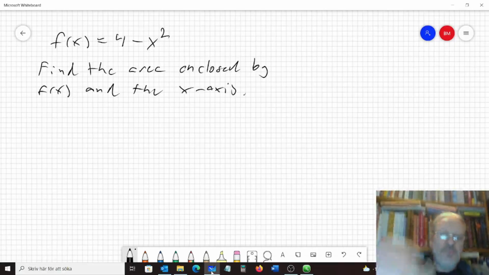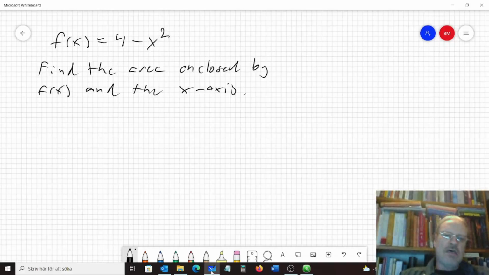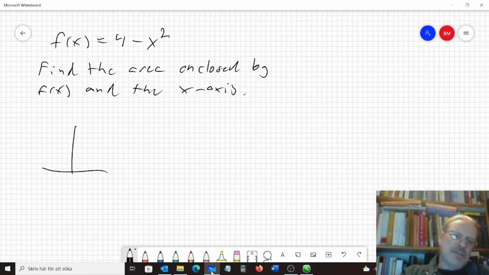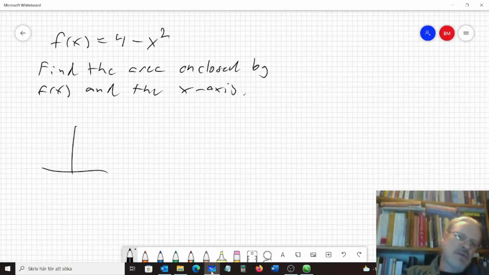Okay, first thing I would say is that in almost all cases, try to sketch the situation, independently of whether you have access to a calculator. So sketching will probably help us. So what we have here is that, say, if x is 0, then we get 4.